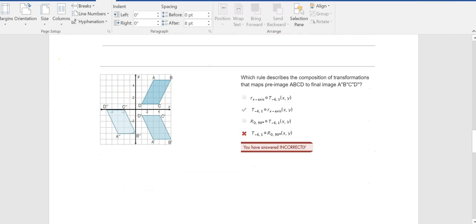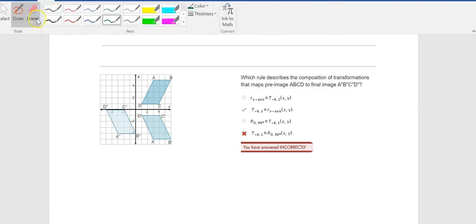It says write the rule to describe the composition of the transformations that map the pre-image ABC. Again, we're always going from the pre-image, which is in this case A, B, C, D. And then how do I finally get to A double prime, B double prime, C double prime, D double prime?